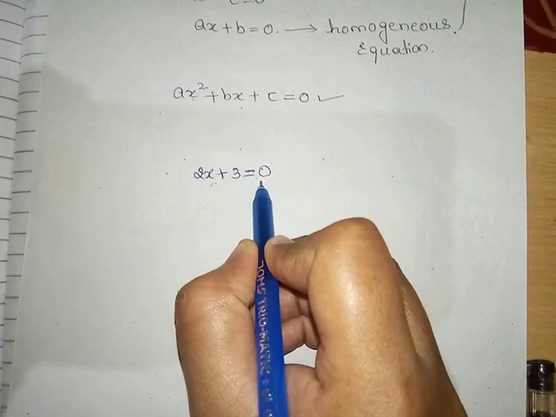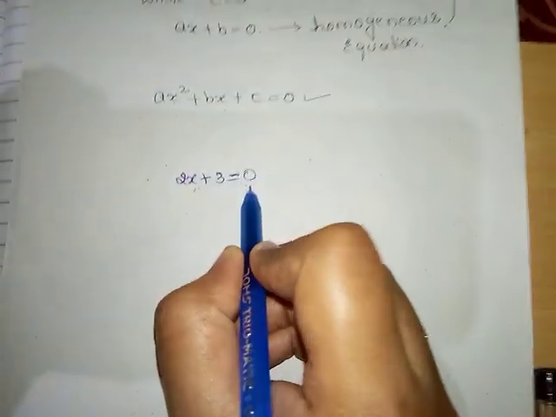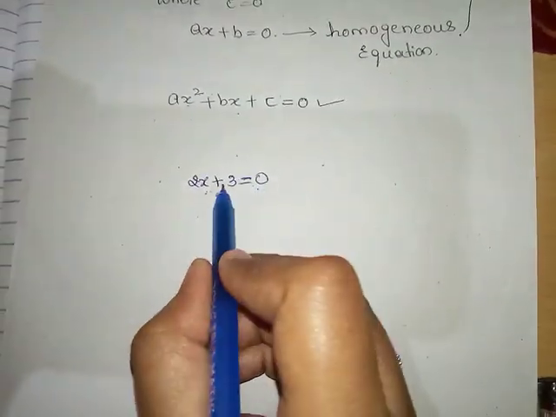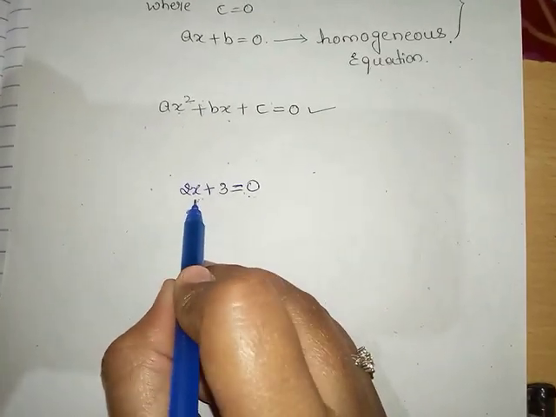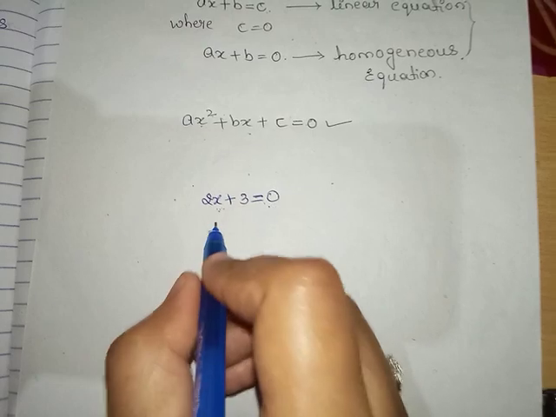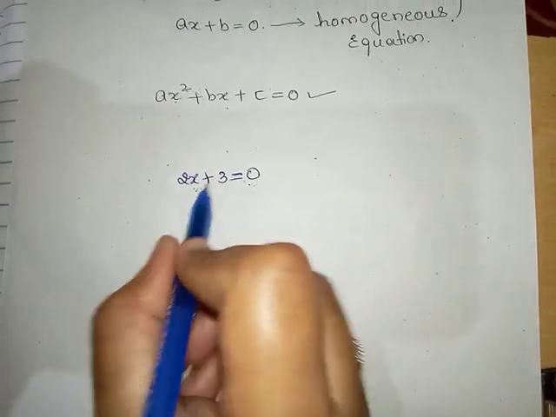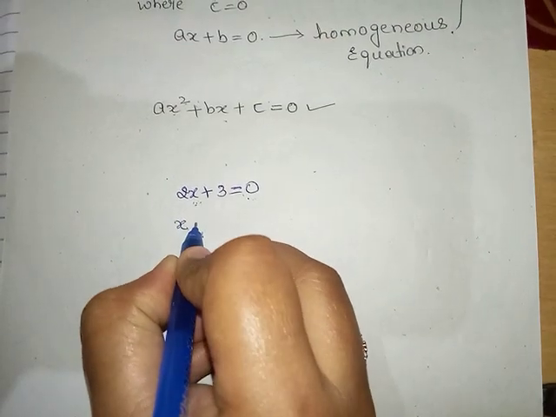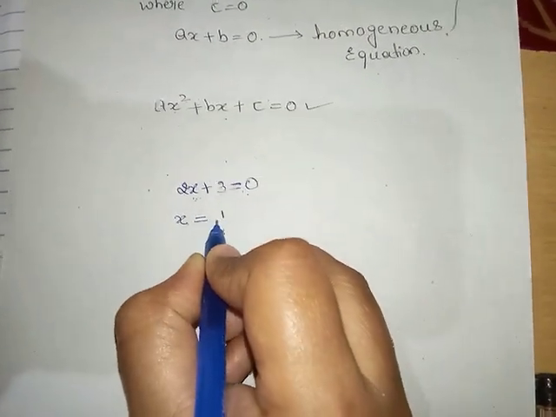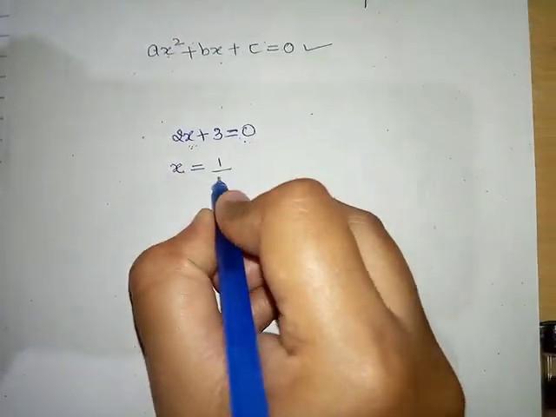Here our RHS is 0. When we substitute the value of x, our LHS should also be equal to 0. To get LHS equal to RHS, I will substitute x is equal to 1 by 2.